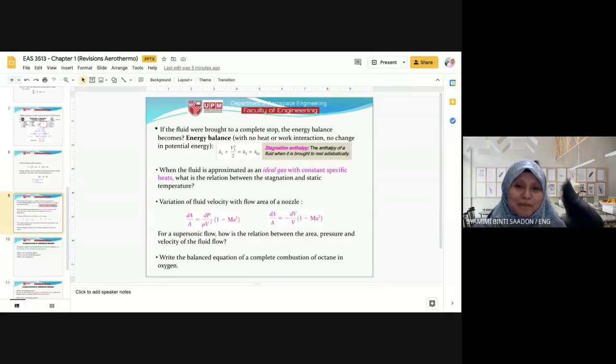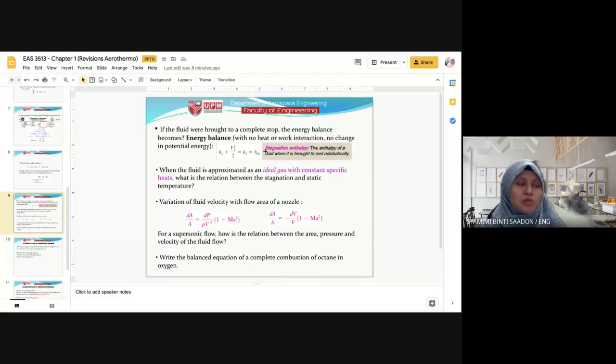Actually, from this enthalpy, you can derive this equation. From this above equation, and then derive to get this below, to get the temperature.